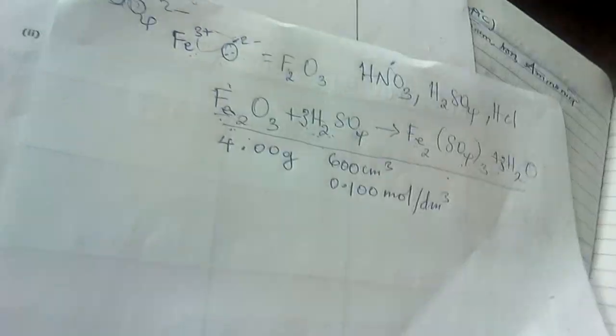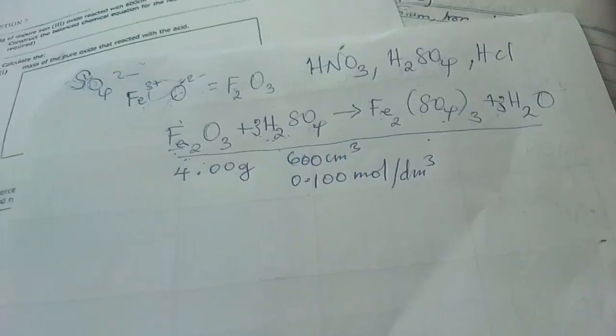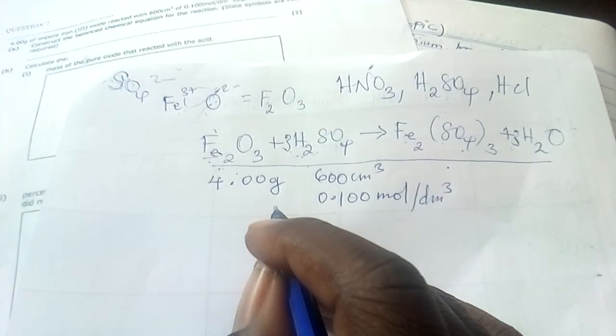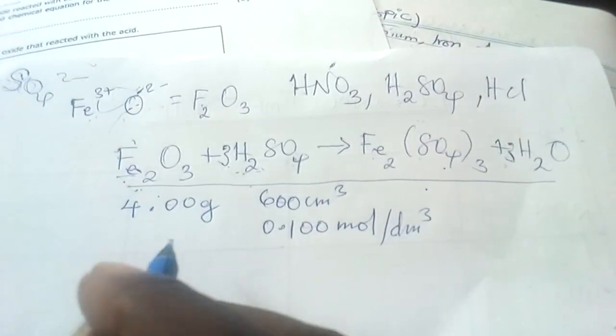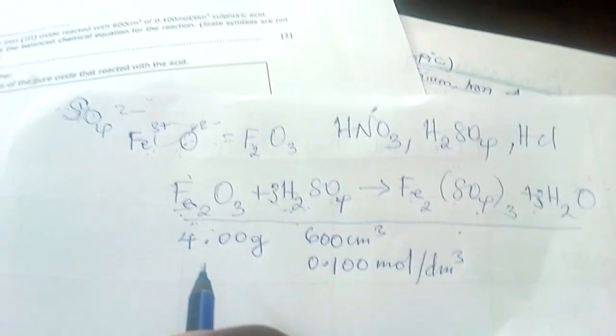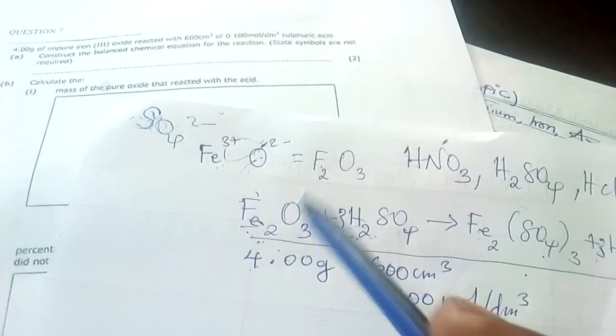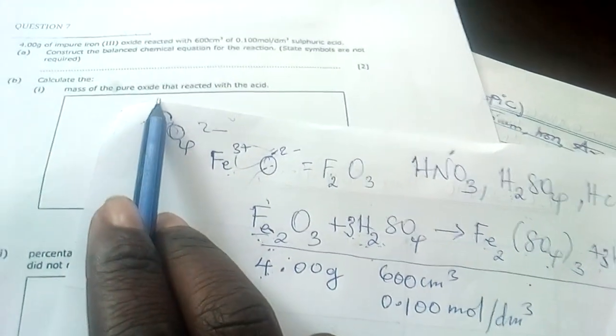When we have mole per decimeter cubed, just know that this is concentration. They want us to find the mass of this oxide that reacted with sulfuric acid. We already have the mass, but this is the mass of impure. They want us to find the mass of the pure.